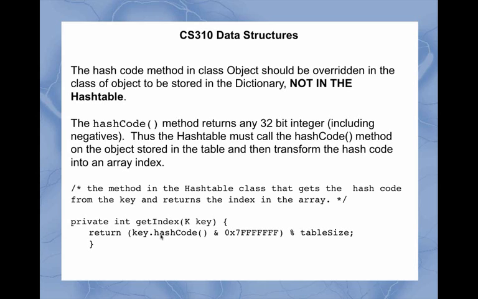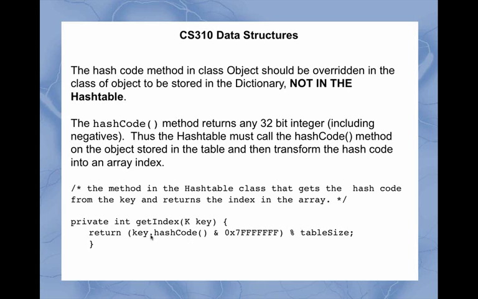You call hash code on the key object in the same way that you called compareTo on the objects that were stored in your linked list. The hash code returns a 32-bit value, but you're not going to create a hash table of size 2 billion for every problem. That makes no sense.